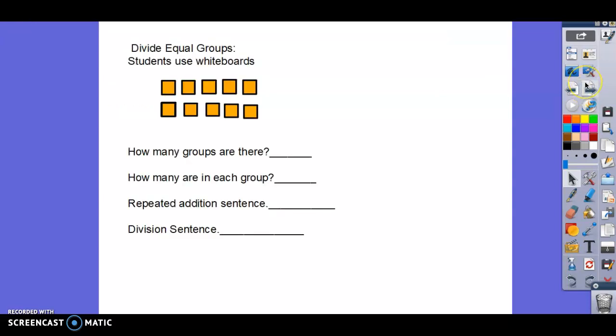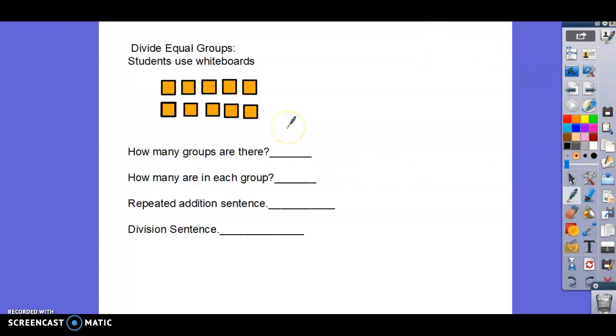Okay, so I want you to look here for a second, and I want you to think in your head, so this is my array right here, how many groups do I have? You have 2 groups.